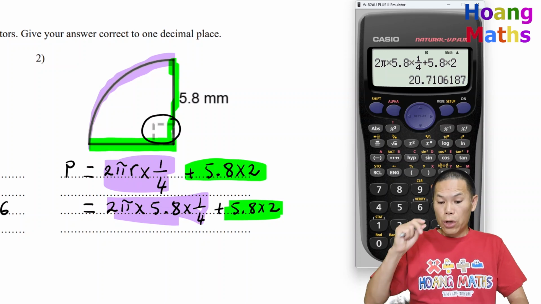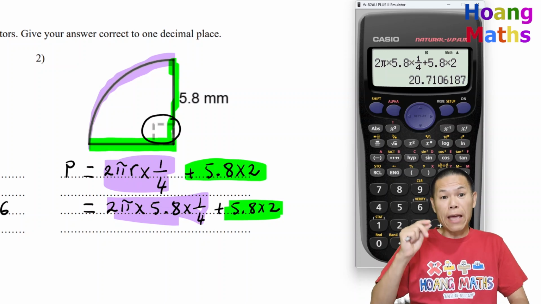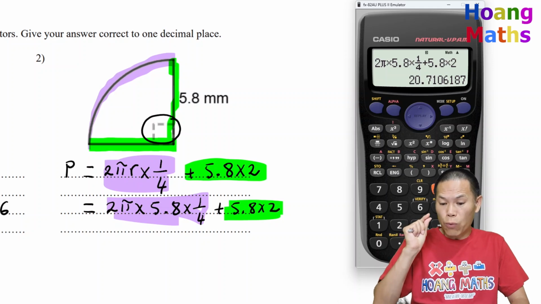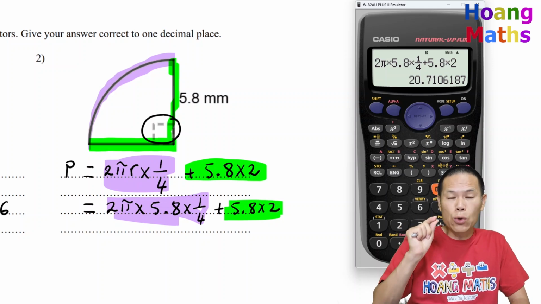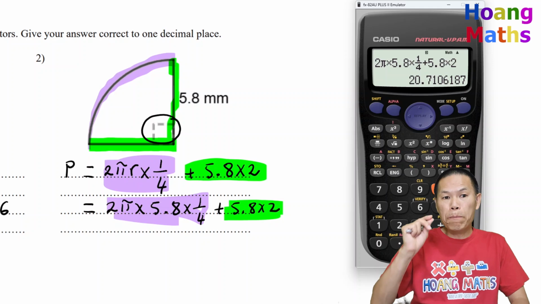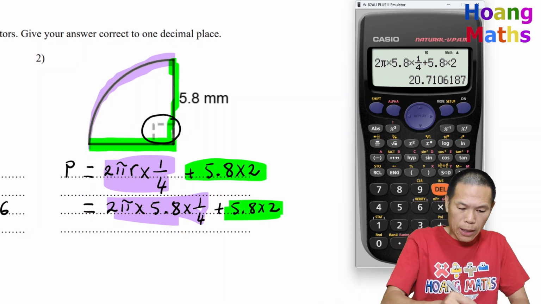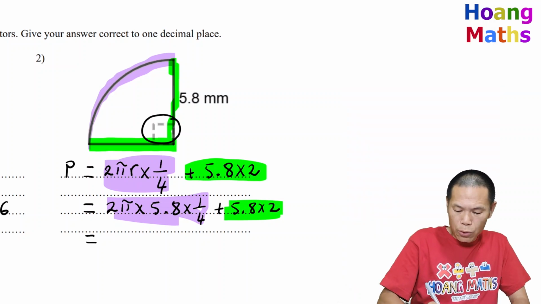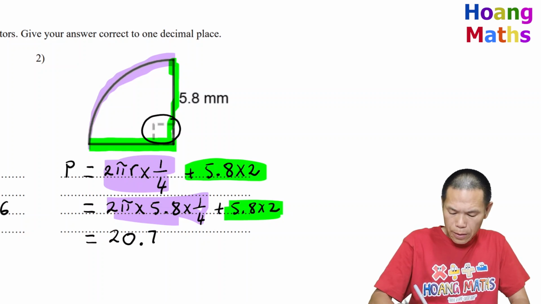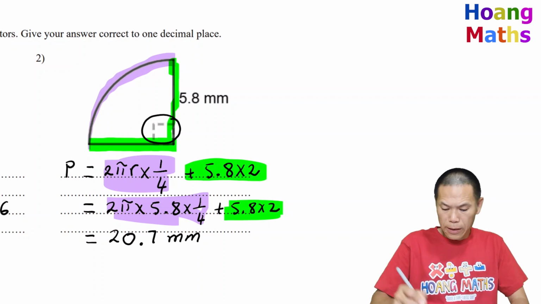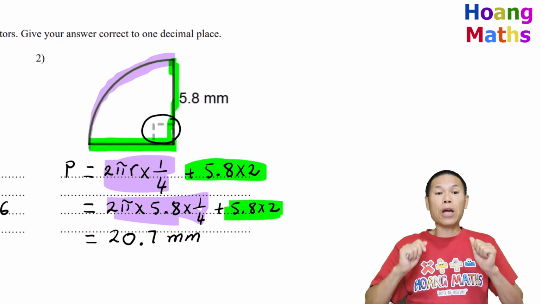So there you go. 20.71 and so on. Don't forget, we need to round off to 1 decimal place. So the answer is 20.7 millimeters. So that is equal to 20.7 millimeters. So there you go.